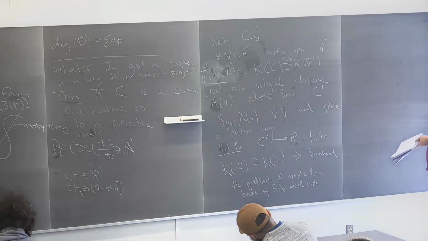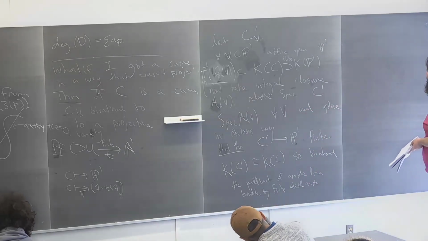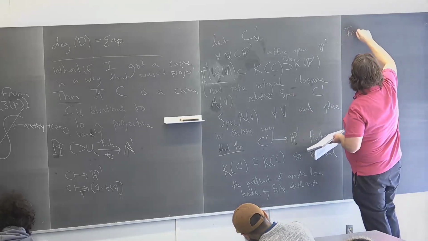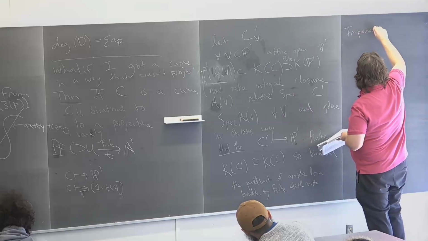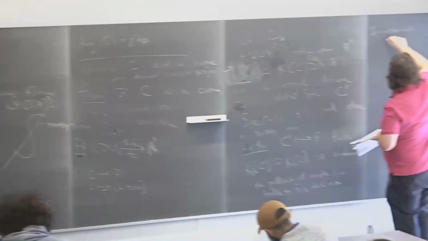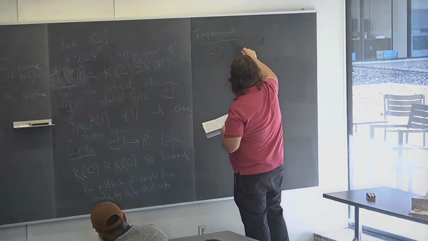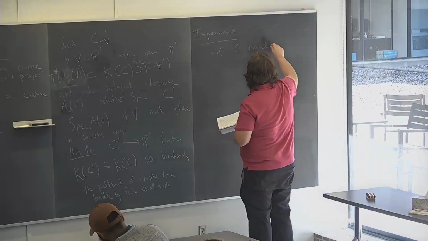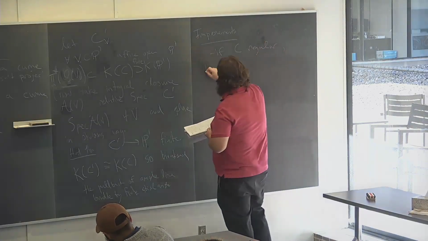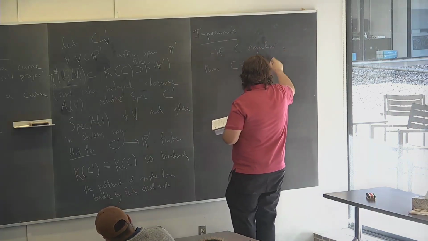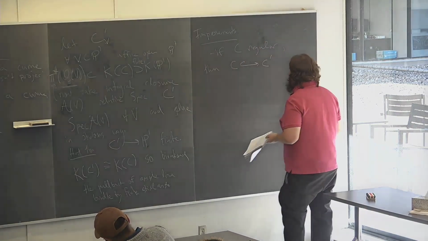So there are various extensions of this, which we definitely don't have time to go into. Improvements. If C is regular, then I can choose things so that C mapping into C prime is an embedding.